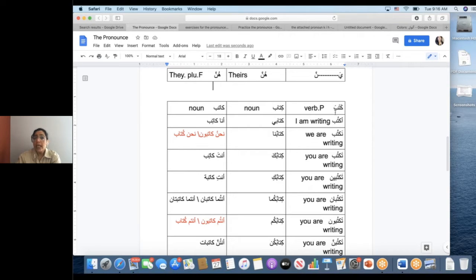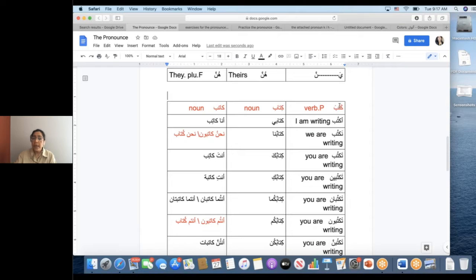What does kataba mean? He wrote. This row is where we're going to play. So kataba, he wrote, is a verb in the past tense. Kitab, book, is a noun. Katib, writer, is an adjective. I add this just to show you how to talk about yourself.